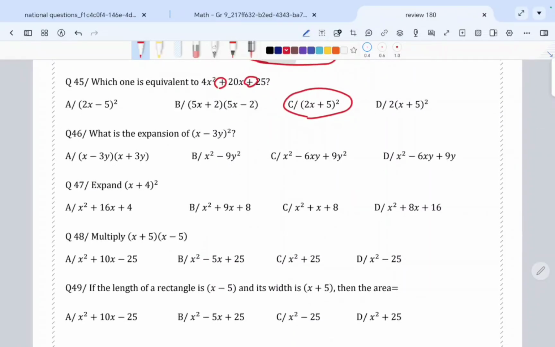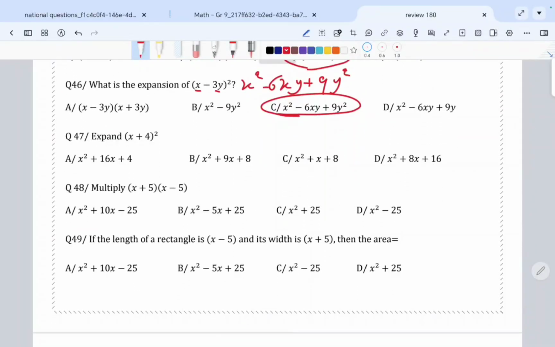Again, first term power 2, it will be x power 2 minus 2 times first term times second term. 2 times x, 2x, times 3, it will be 6xy, plus second term power 2, 3 power 2, 9y power 2. So which one is x power 2 minus 6xy plus 9y power 2? It's C.